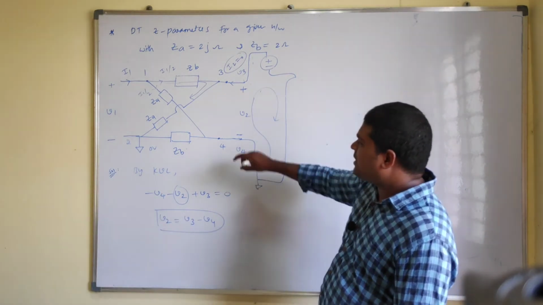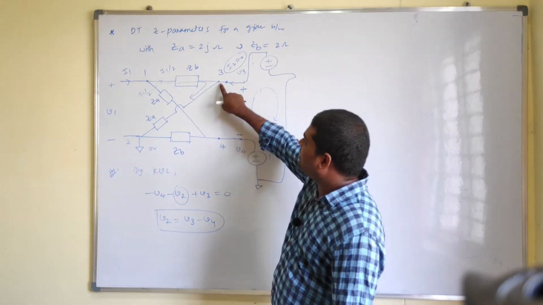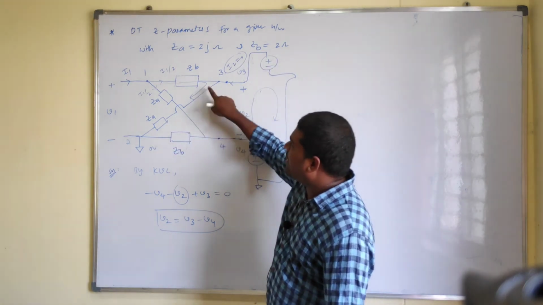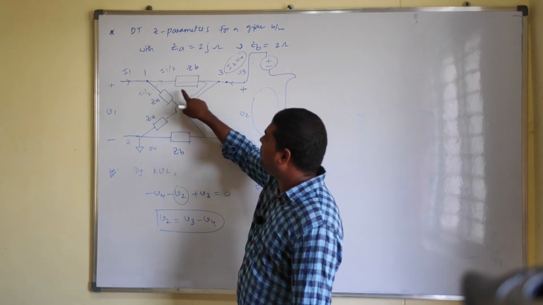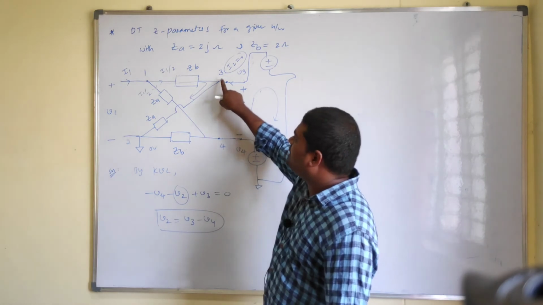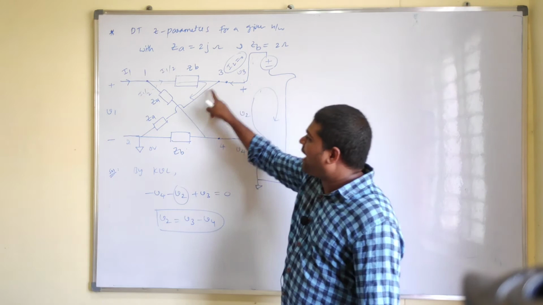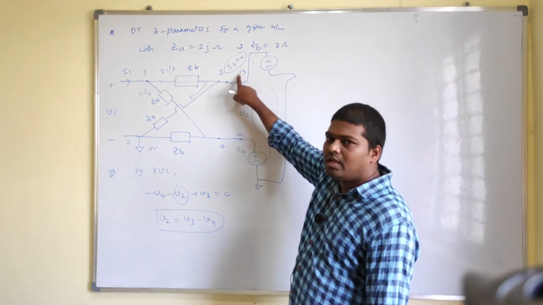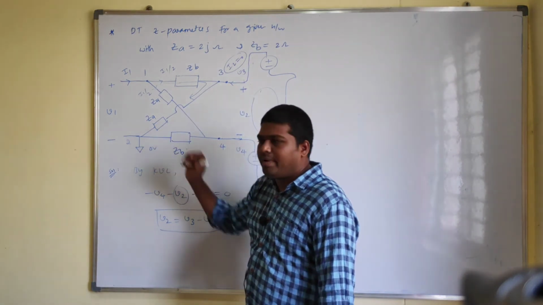For this branch the voltage is V3 minus V1, but for this branch the branch voltage is V3 minus 0, so we can take only V3. So I will take only this branch.